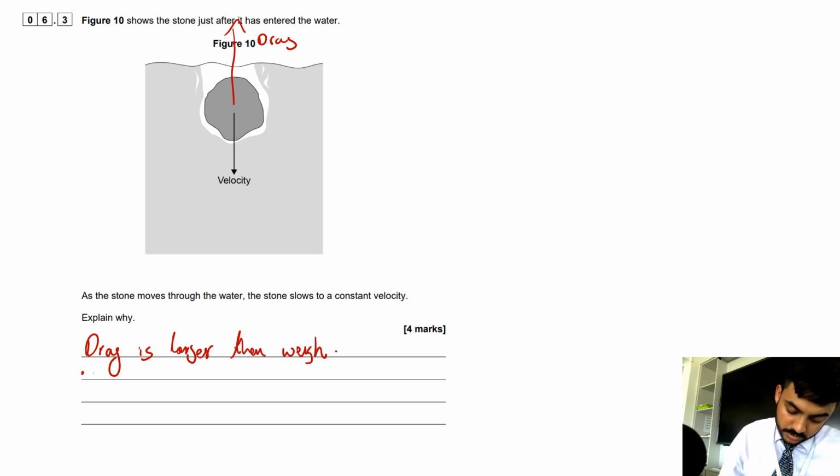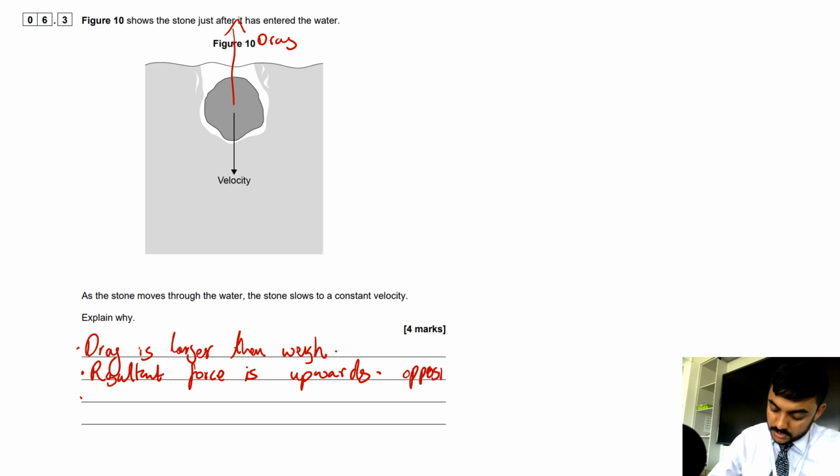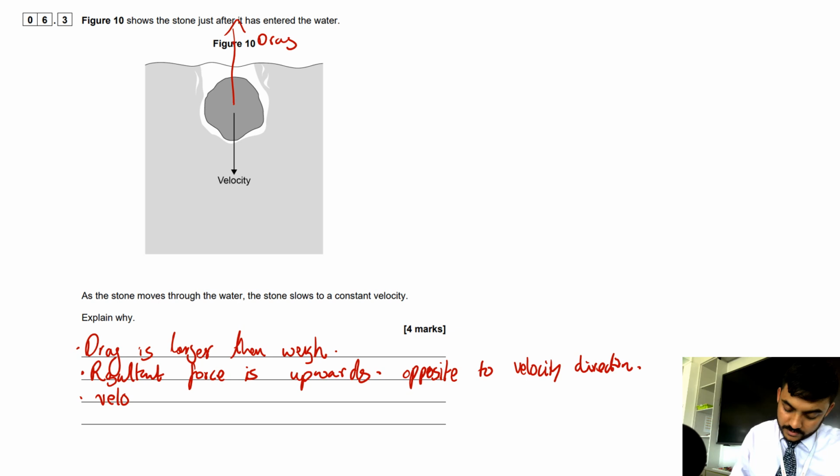So resultant force is upwards, which is opposite to the direction of movement, opposite to velocity direction. So what's going to happen is velocity decreases, so it slows down.